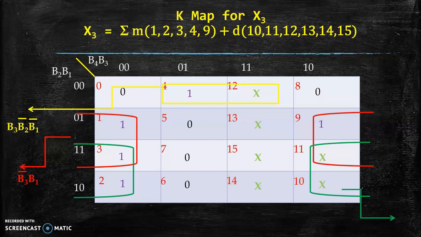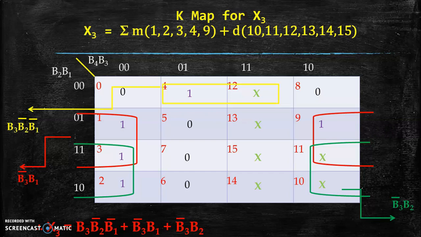And for the next quad, the product term B3 bar dot B2. So the Boolean function in SOP form for x3 is x3 equals B3 dot B2 bar dot B1 bar plus B3 bar dot B1 plus B3 bar dot B2.